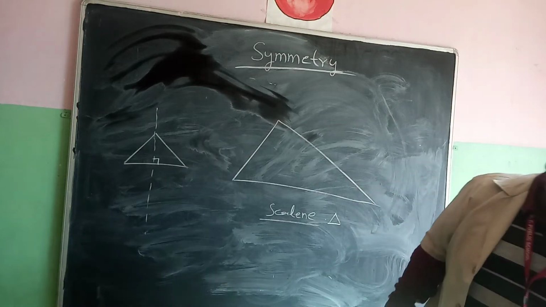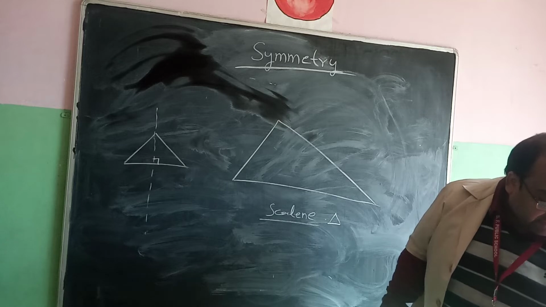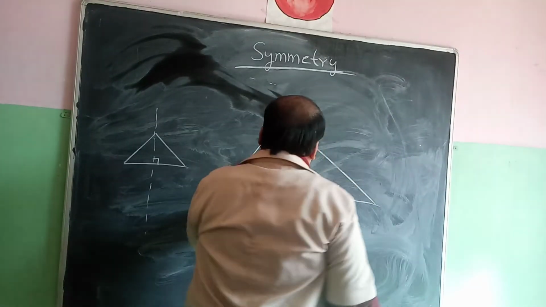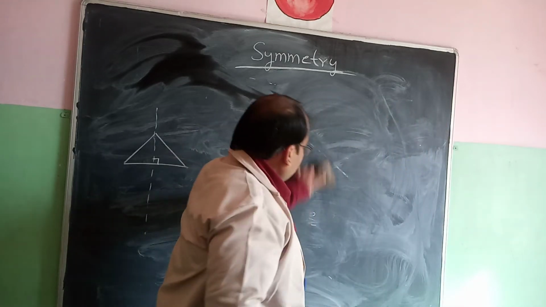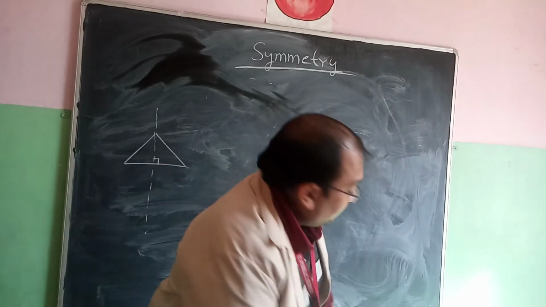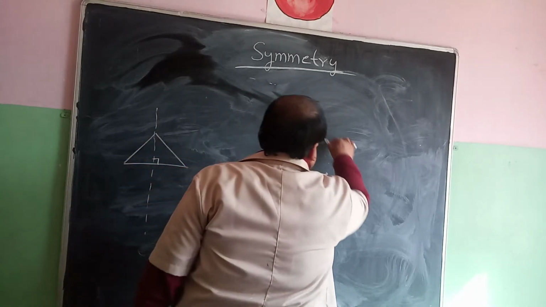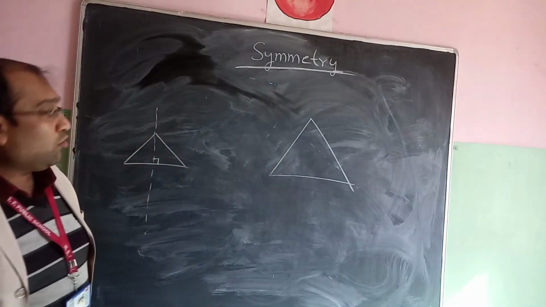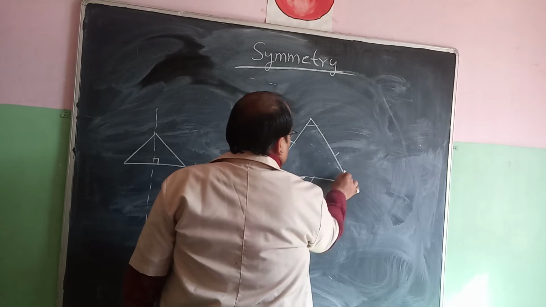Question number 3. Number of lines of symmetry in an equilateral triangle. An equilateral triangle has 3 lines of symmetry. We had already discussed that an equilateral triangle is a symmetrical figure. From any viewpoint you see, an equilateral triangle has symmetry all around. All the 3 sides are equal, all the 3 angles are equal.